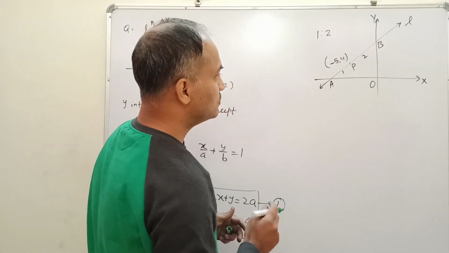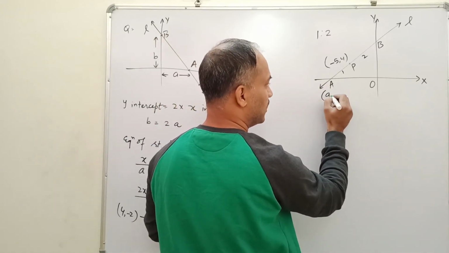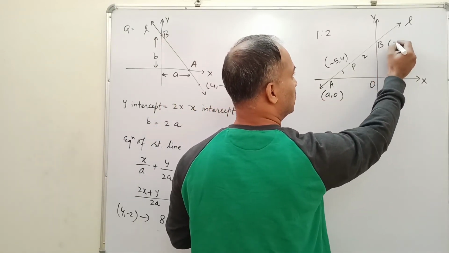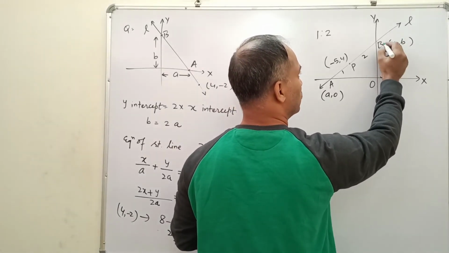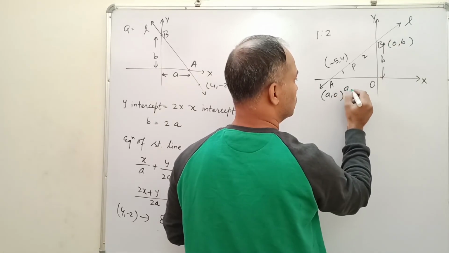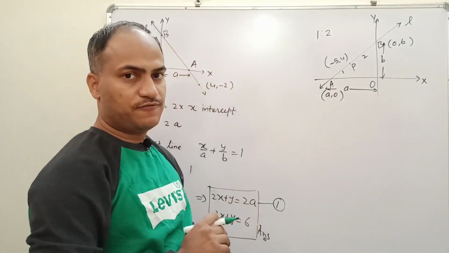Here this is point A, so the coordinate can be (a, 0), and here the coordinate can be (0, b). So we have a and b.